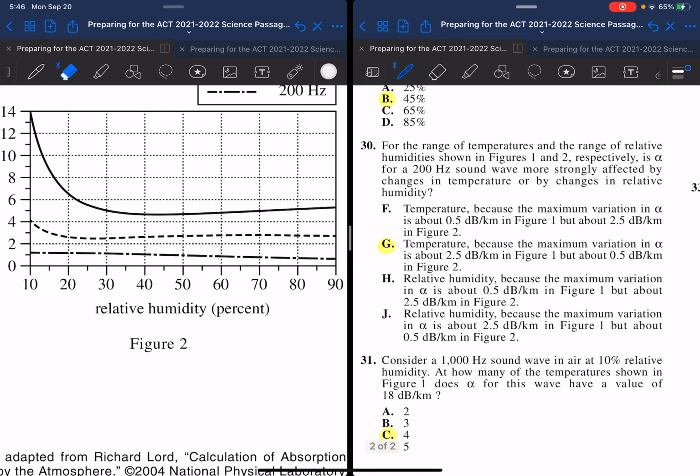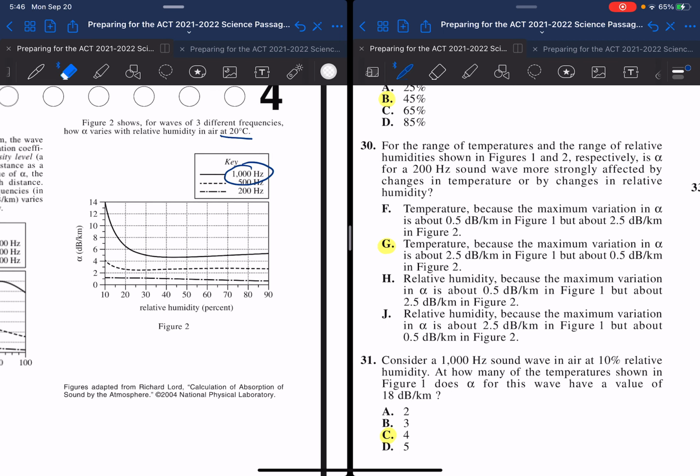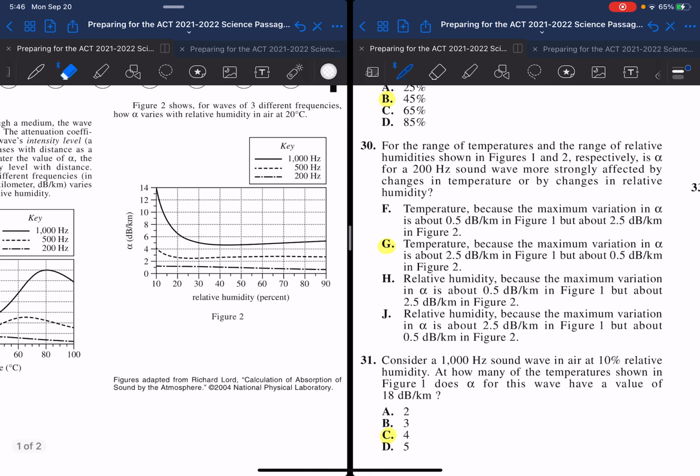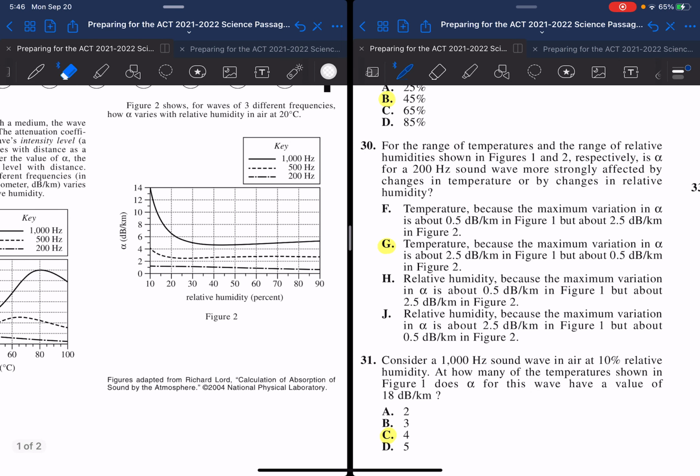So number 30, for the range of temperatures and the range of humidity shown in figure 1 and figure 2, they're asking, is alpha for a 200 hertz sound wave more strongly affected by changes in temperature or by changes in relative humidity? Okay. So we're comparing changes in temperature or changes in humidity. And this is the difference.